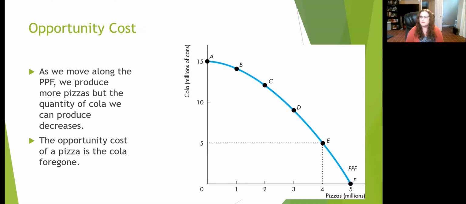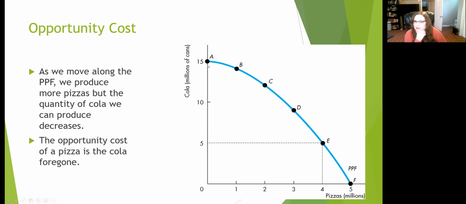And we call this an opportunity cost. So as we move along this production possibility frontier, we're going up and down along it. We produce more pizzas, but if we produce more and more pizzas, we have to give up sodas. The amount of sodas that we're giving up increases, right? So if I'm moving from A to B, I'm making 1 million pizzas.